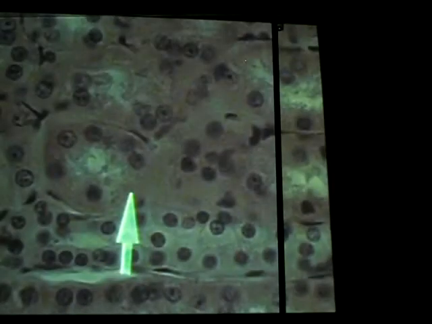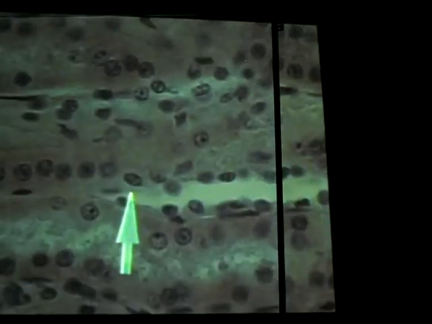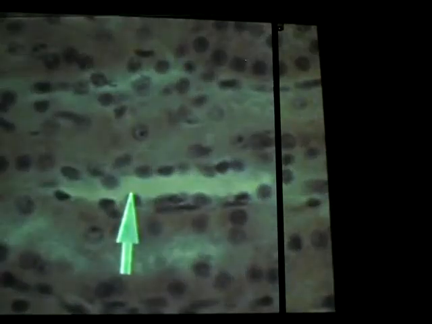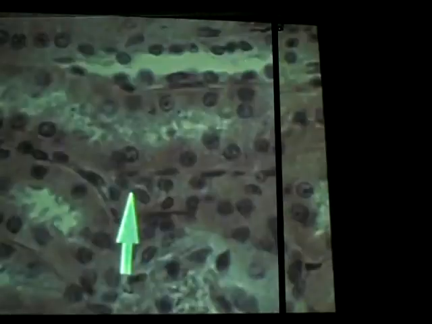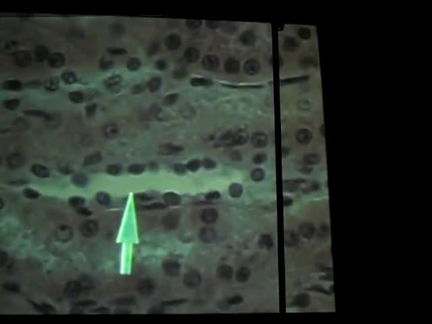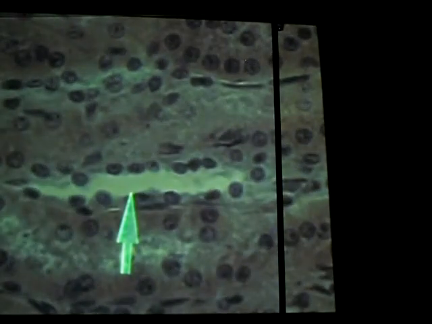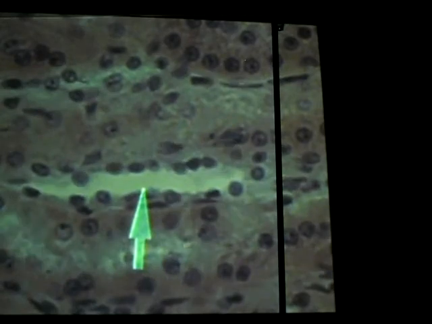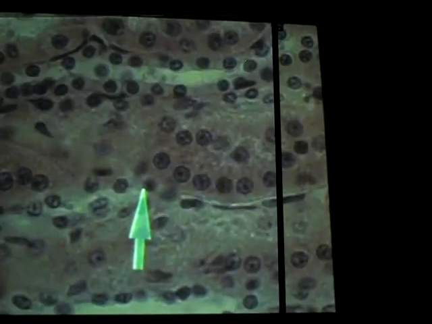With your thick ascending limb, those are going to look similar to your distal convoluted tubule. Again, these are long tubules. Notice you have a wider lumen. That's not such a good example.